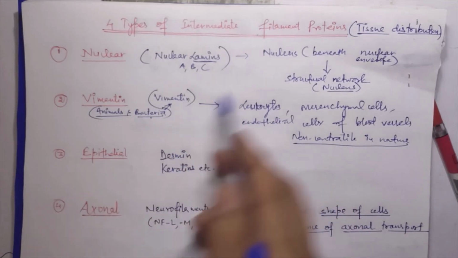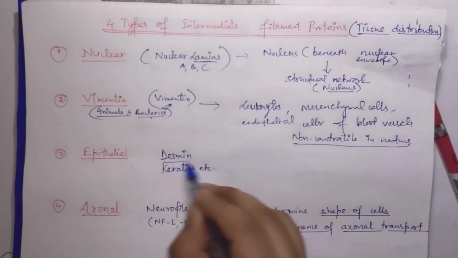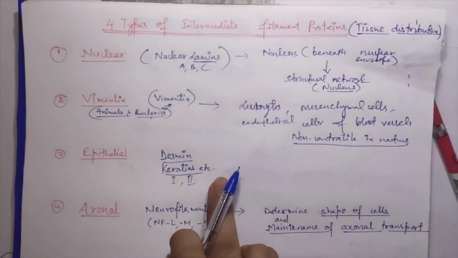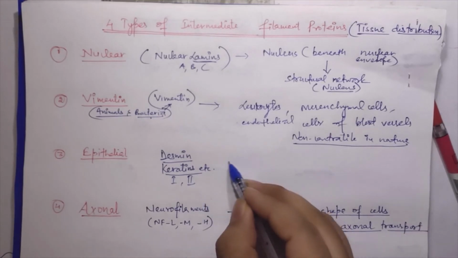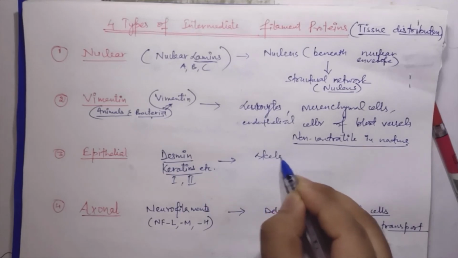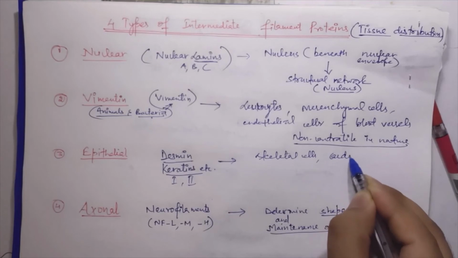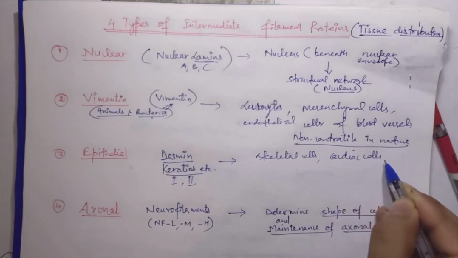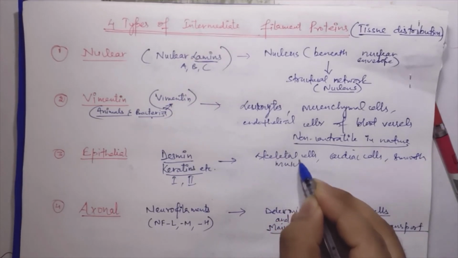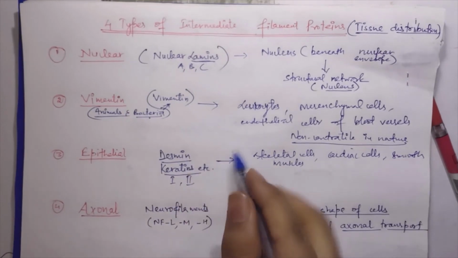The third type of intermediate filament is epithelial. They are keratins, meaning there are different types of keratins, keratin type 1, type 2, etc. And they are expressed in a number of cells such as skeletal cells, cardiac cells, and smooth muscles, and these are basically desmin types.